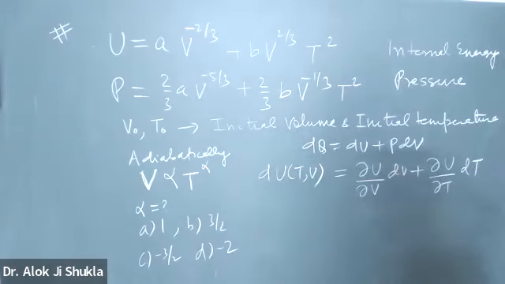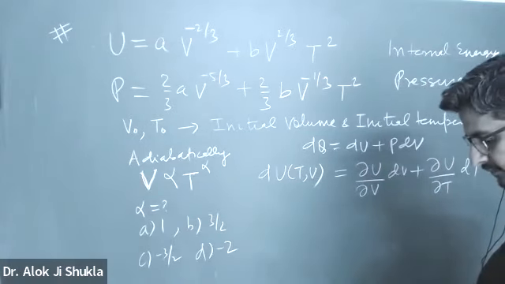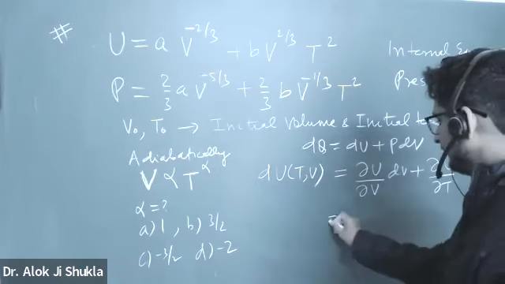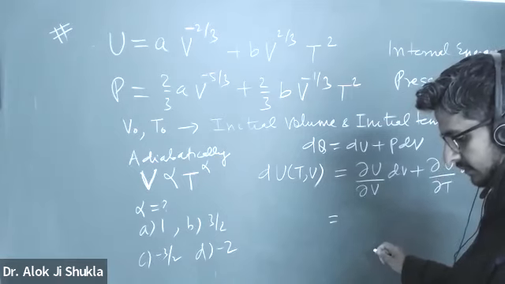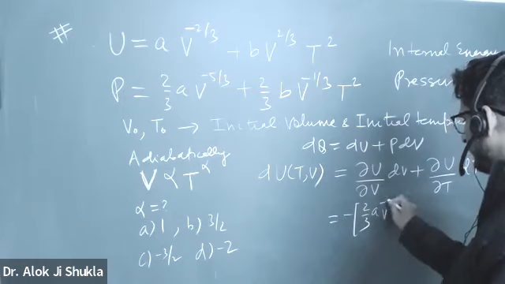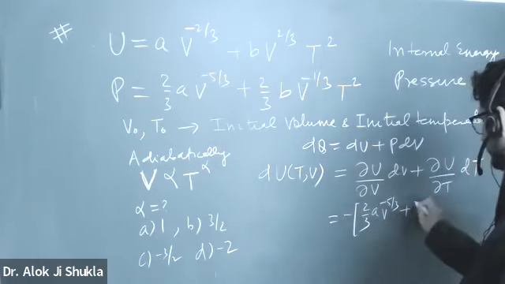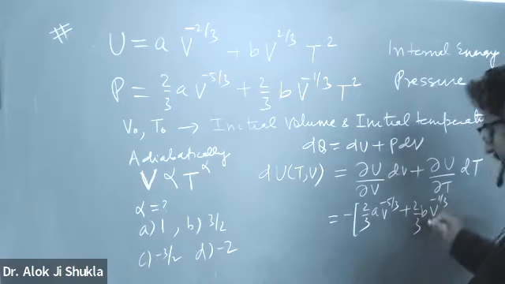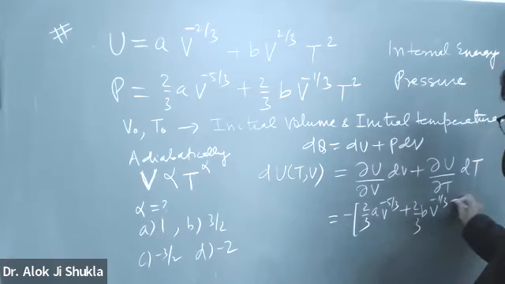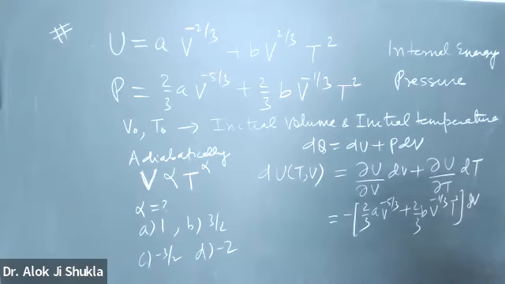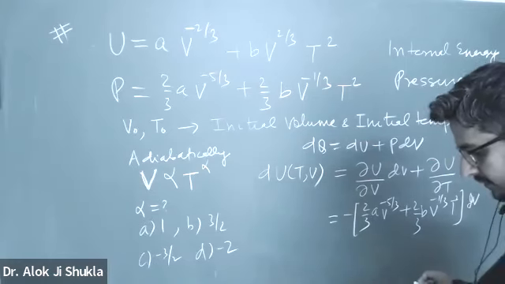Du is equal to minus 2 by 3 a v to the power minus 5 by 3 plus 2 by 3 b v to the power minus 1 by 3 t square and dv is equal to, how much will we get?